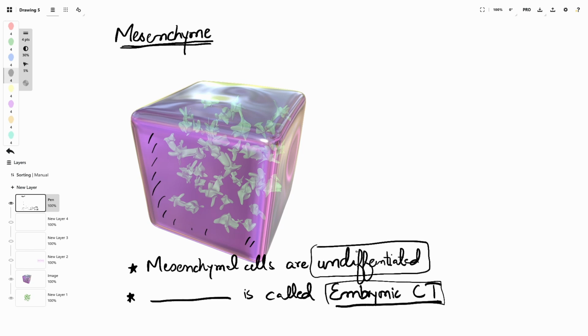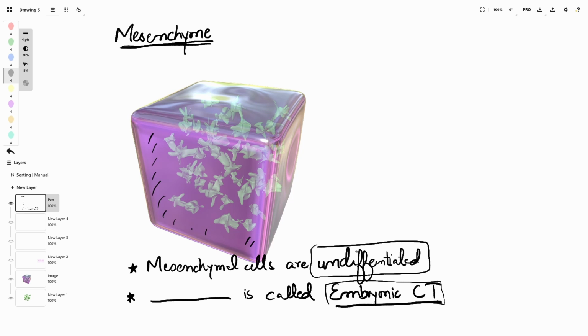Actually, there are some undifferentiated cells in the adult connective tissue as well, but most of the cells in the adult connective tissue are well differentiated. They do form fibroblasts or chondroblasts depending upon the type of connective tissue. Most of them, not all, are well differentiated cells.